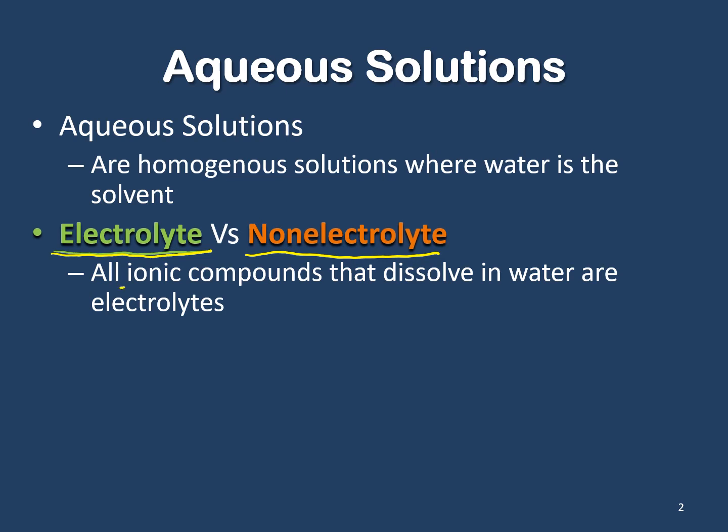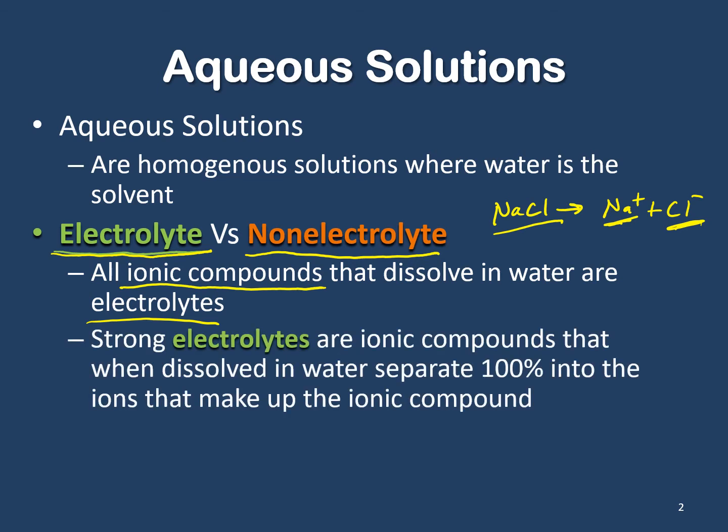All ionic compounds are what we call electrolytes. For instance, if I dissolve sodium chloride in water, it will break apart into Na plus and Cl minus, the two ions that make up sodium chloride. This is what it means to be an electrolyte. When something dissolved in water immediately breaks up into the ions that make it up, this is an electrolyte.